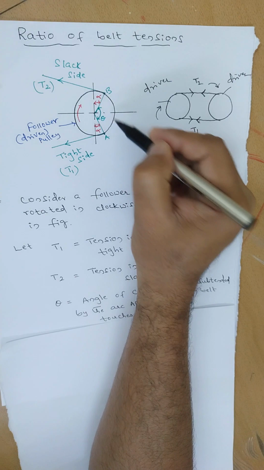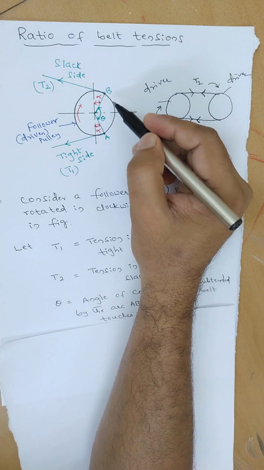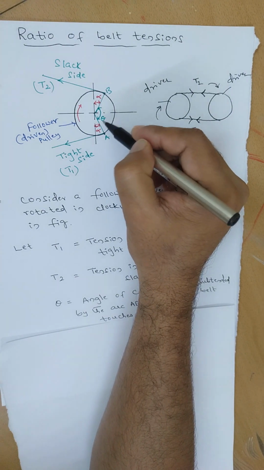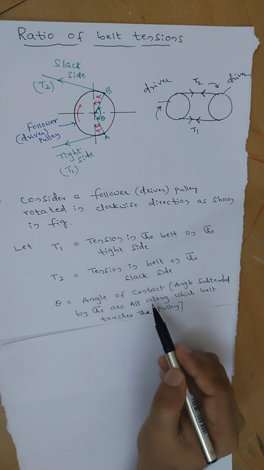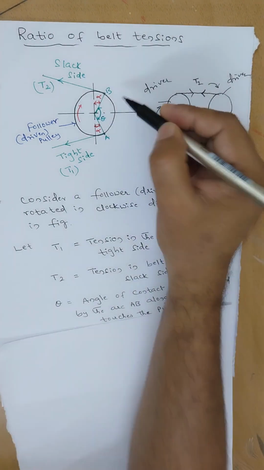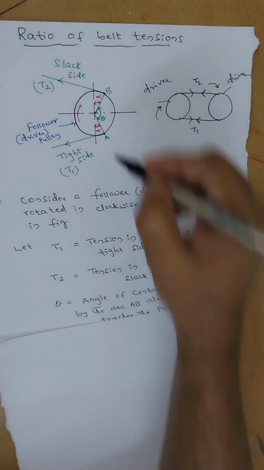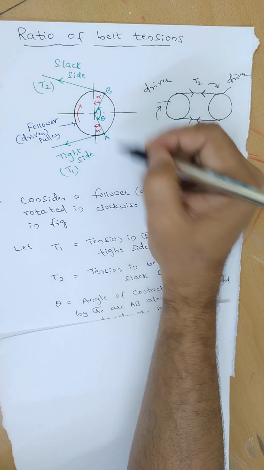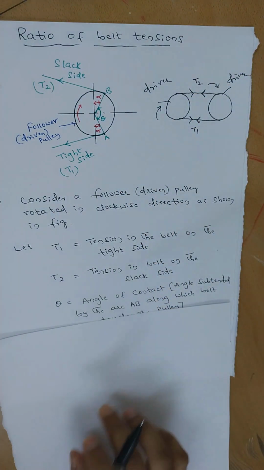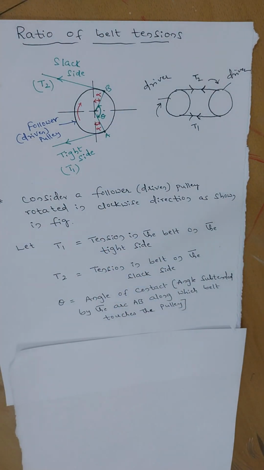Whatever the angle made in between A and B is called theta, the angle of contact, that is the angle subtended by the arc AB. The belt only touches in this arc AB. Okay, these are three notations, T1, T2 and theta.